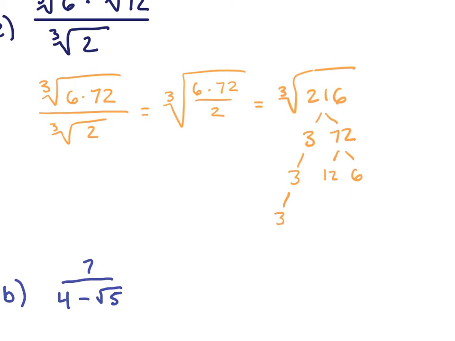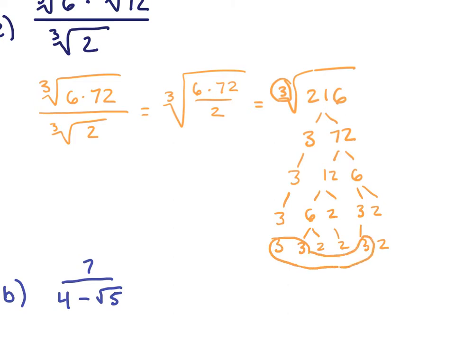What are factors of 12? 6 and 2. And our factors of 6? 3 and 2. So we have 3, 3, 2, 2, 3, 2. So we're circling groups of how many? 3. So perfect, we have 3 3's and 3 2's.